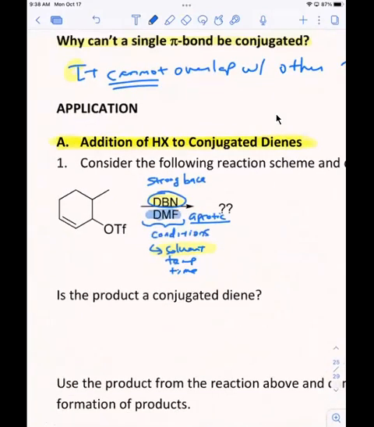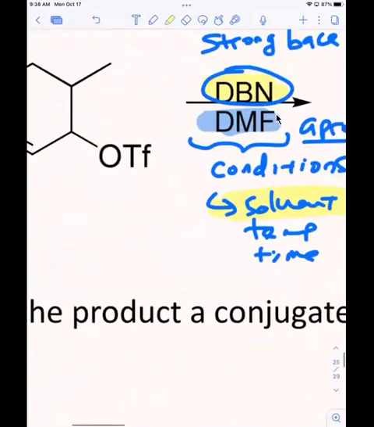Right, so you've got a strong base in an aprotic solvent. I don't know if you remember from the table we had, but this is the triflate leaving group. Excellent leaving group. What's going to happen? Strong base, polar aprotic solvent, and a good leaving group.